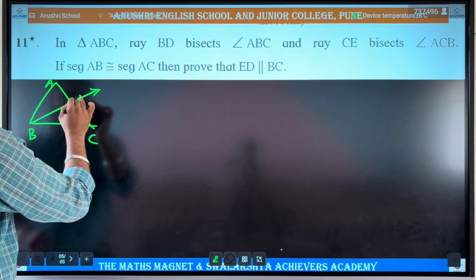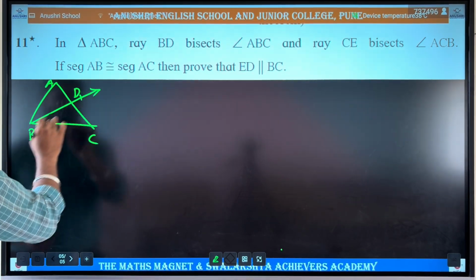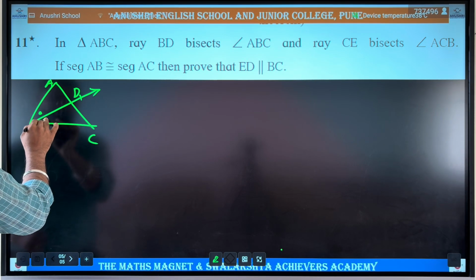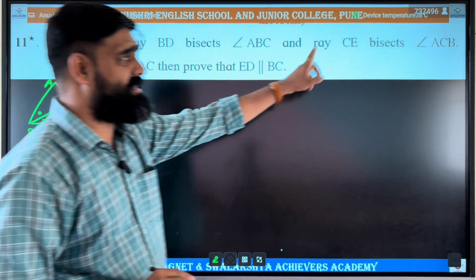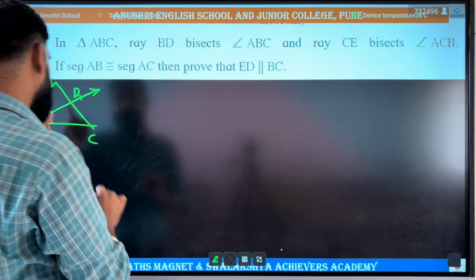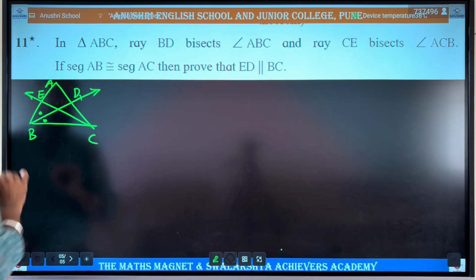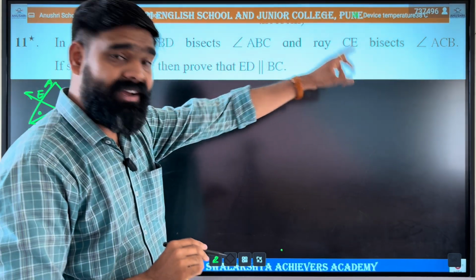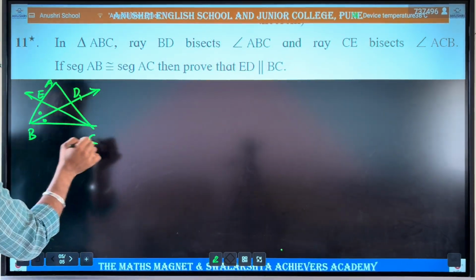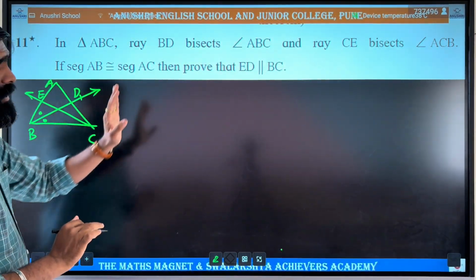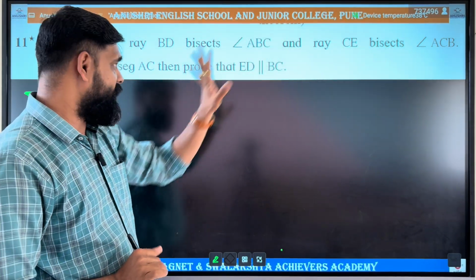And similarly ray CE, this is E, ray CE is bisecting the angle ACB, this one, ACB.